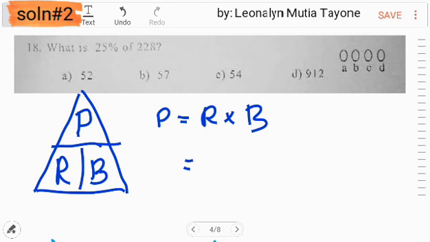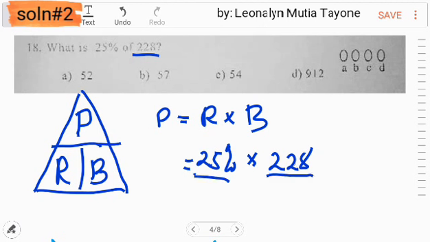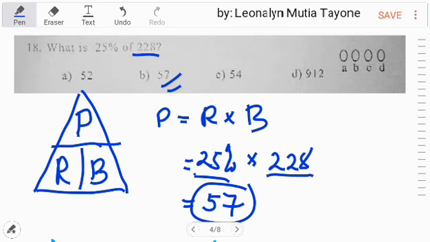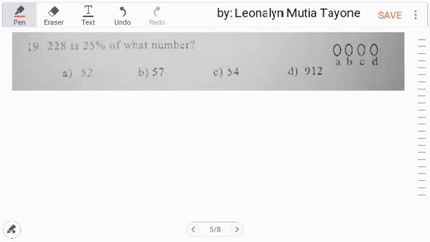Ang hinahanap dito ay yung portion ng 228. So yung rate natin ay yung 25%. So yung base ay 228. So ganun pa rin ang itsura. 25% times 228. Gaya ng nasolve natin sa solution number 1, ang sagot dito ay 57. Letter B.